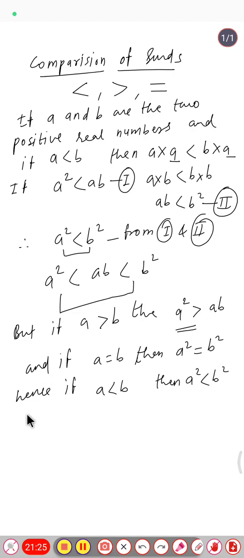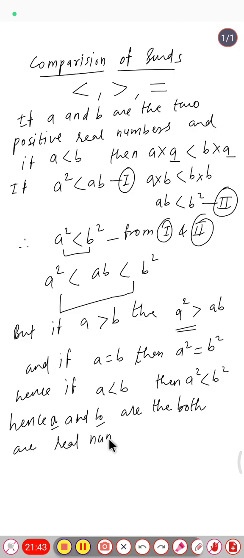So hence A and B are both real numbers. So they may be rational or surds.